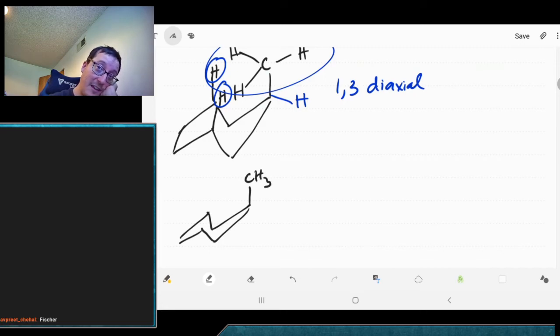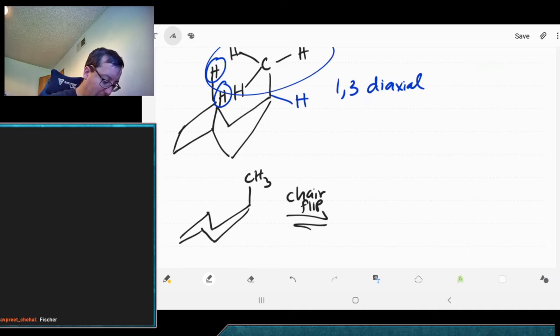We see that these chairs that adopt these conformations where they're zigzagging, they can just flip right over. They flip, believe it or not. And if you do a chair flip, I'm going to put this in the equilibrium arrow, not a resonance arrow. When you do this, you essentially flip everything.